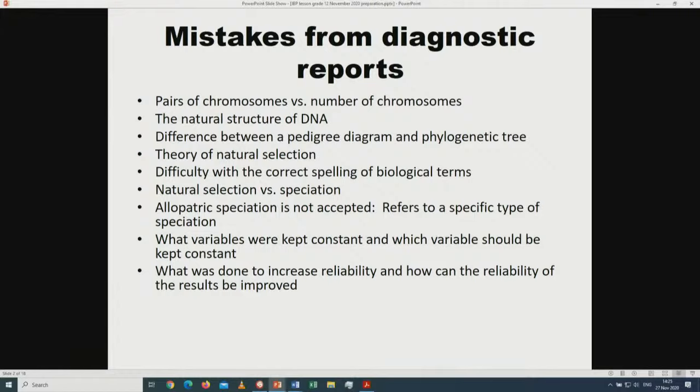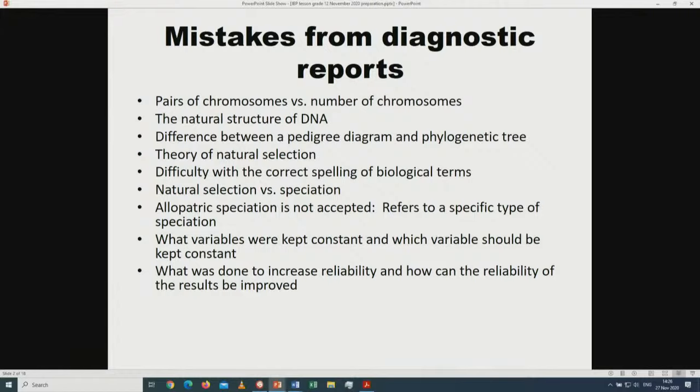Sometimes a question is rephrased in a way that you have to indicate the number of chromosomes in a cell, or you have to indicate pairs of chromosomes. You know that the human somatic cell has 46 chromosomes, but if they are in pairs, we have 23 pairs of chromosomes.